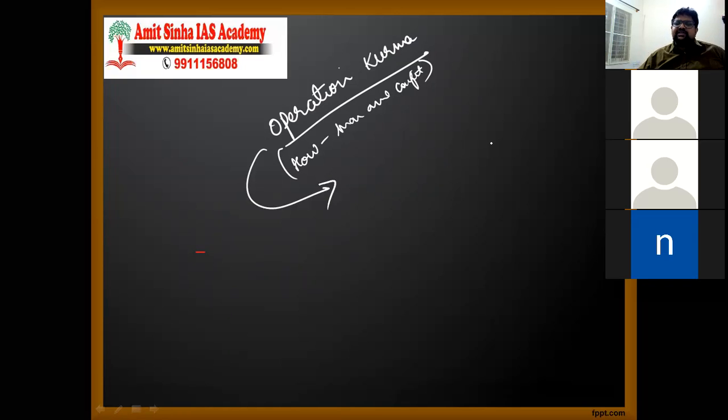So you start with the basic introduction. What is Kurma? Kurma is a Sanskrit name for turtle, right? That is what turtles are called, Kurma. It is mentioned in many ancient literatures. It is mentioned in the Yajurveda, and even in the epics and Puranas, in the Vishnu Purana.